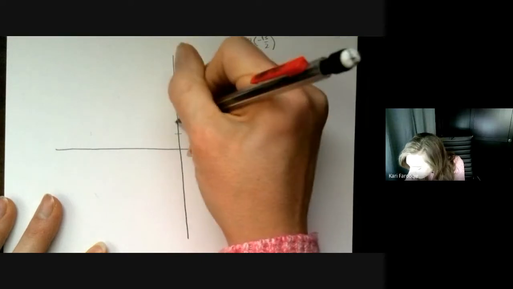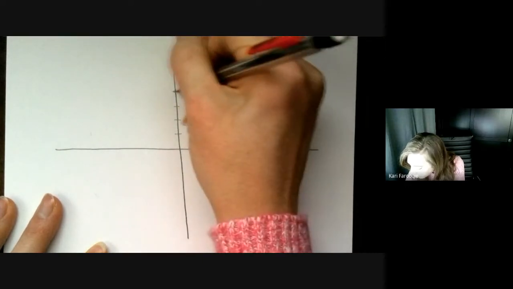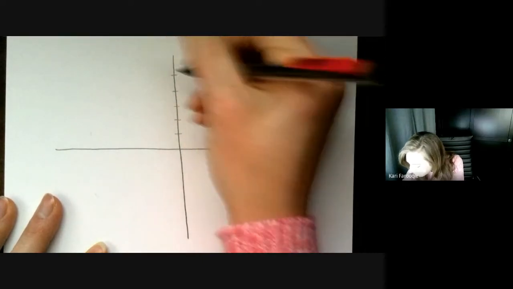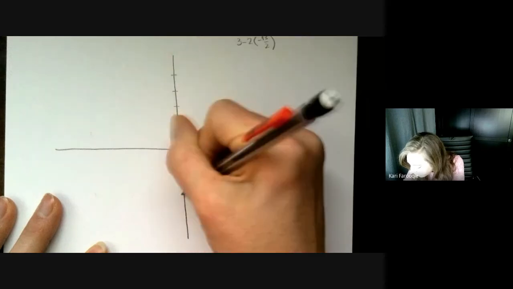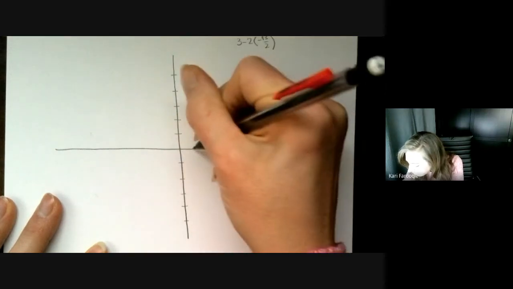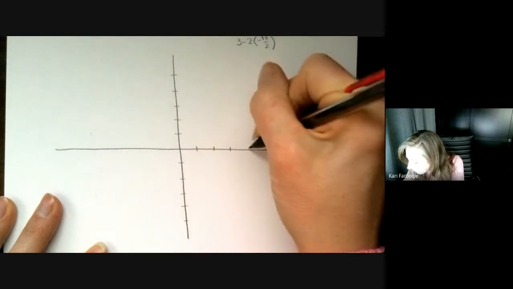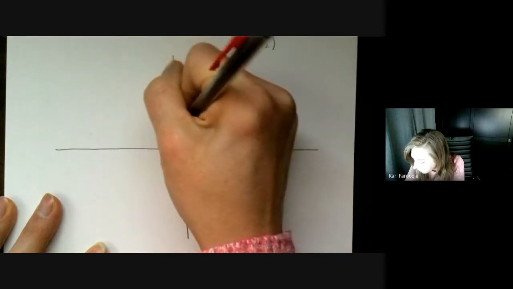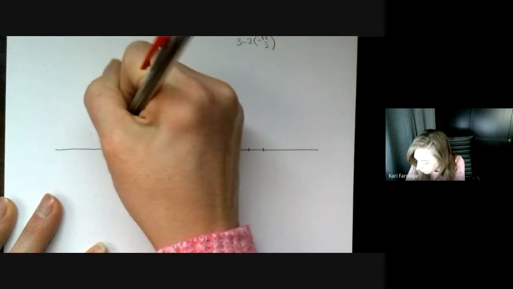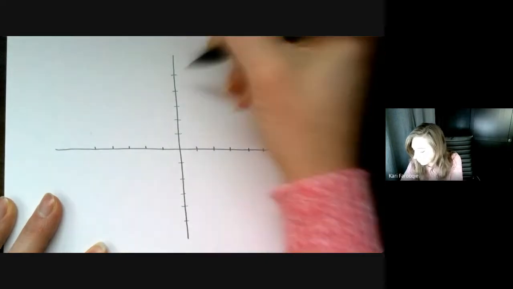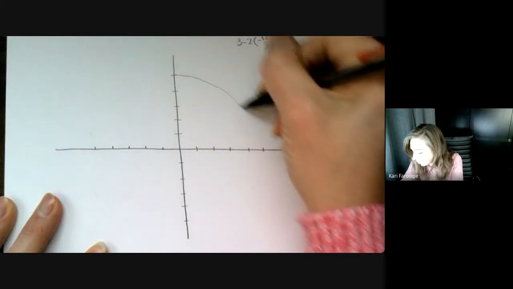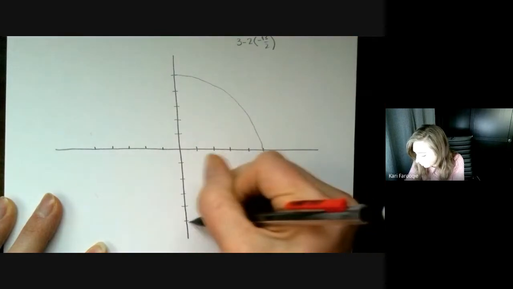So 1, 2, 3, 4, 5, something like that. I'm going to attempt to make these look like circles. All right, so this will be the circle for radius 5.